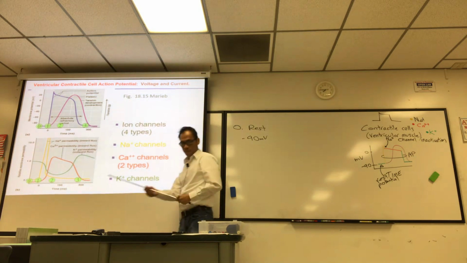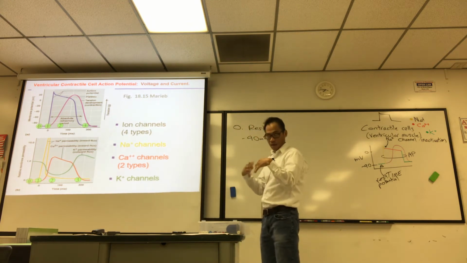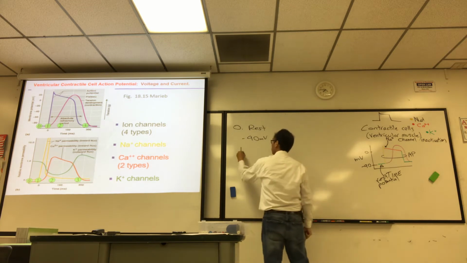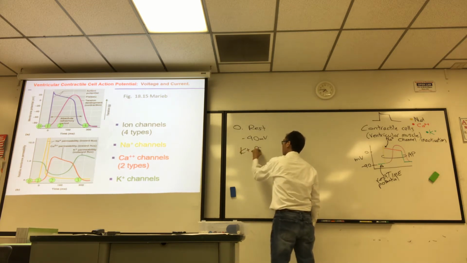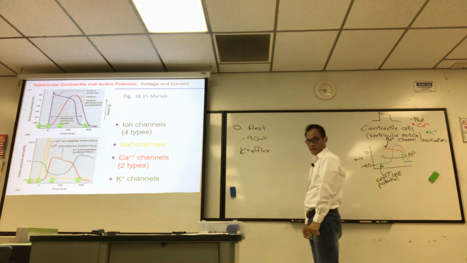Now, if you remember, for potassium, the gradient is always set up where potassium leaves the cell. So if you have potassium leaving the cell, that makes the inside of the cell negative with respect to the outside, for the membrane potential.